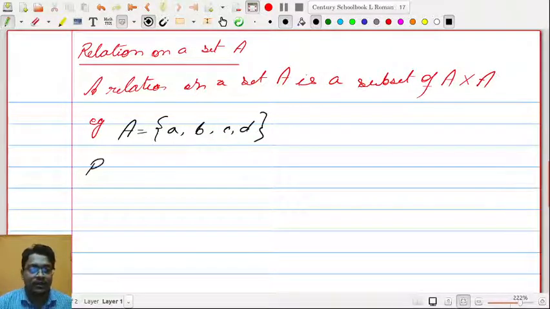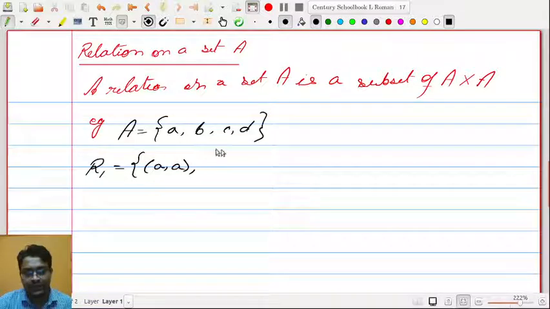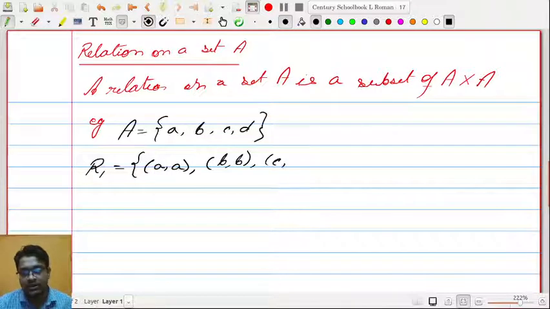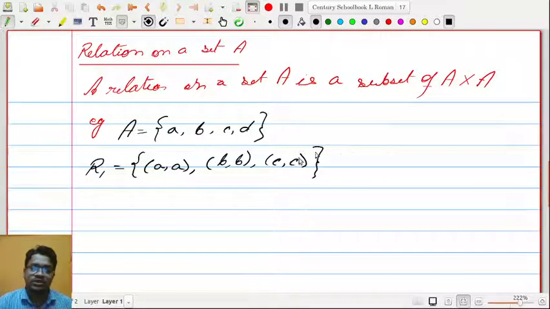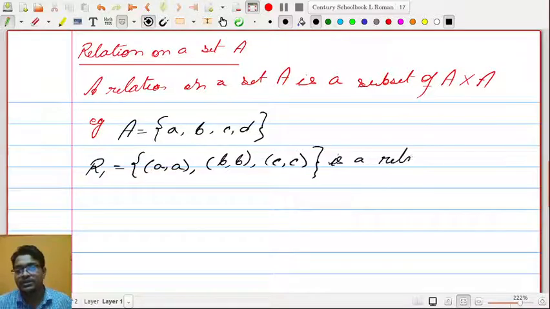Now I take a relation R1, a subset of A cross A. Suppose I take this subset: a is related to a, b is paired with b, c is paired with c. This is a subset of A cross A, so this is a relation. R1 is a relation on the set A.